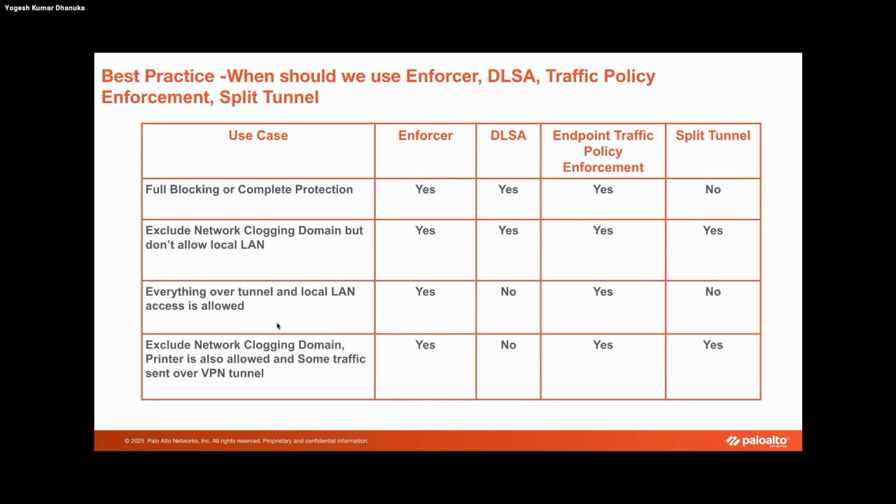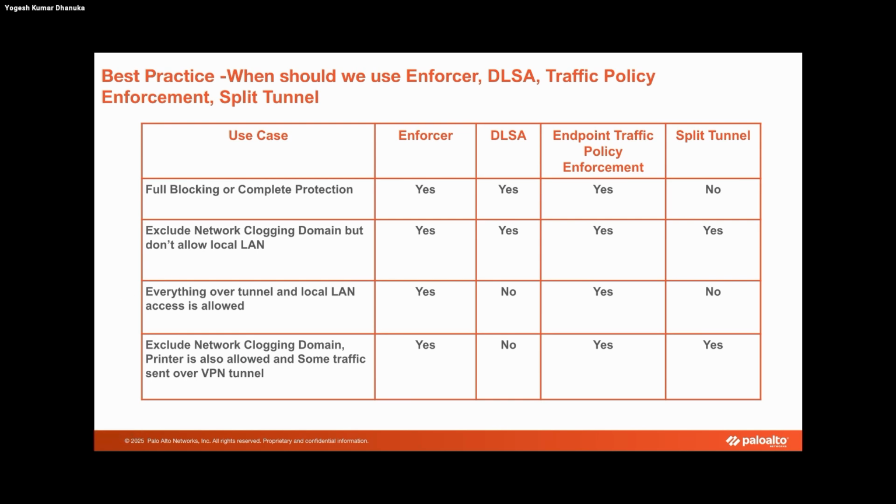Then another use case is we are allowing the local network access, and then everything over the tunnel is still allowed. So we are not using split tunnel here. Everything should go through the tunnel, which means, again, maximum security.